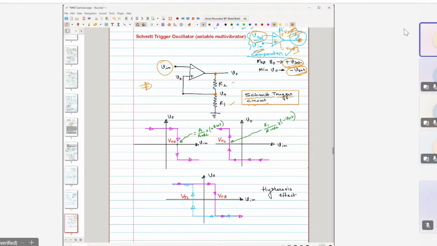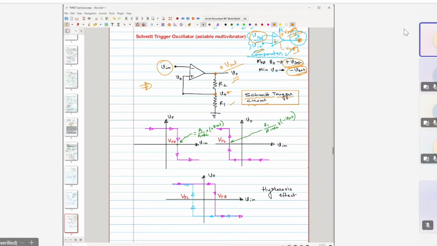Now, for example, let us consider that this V out can take only two values, as I mentioned, plus V sat or minus V sat. Let us consider the output is plus V sat. Then what would be the value of this V plus?